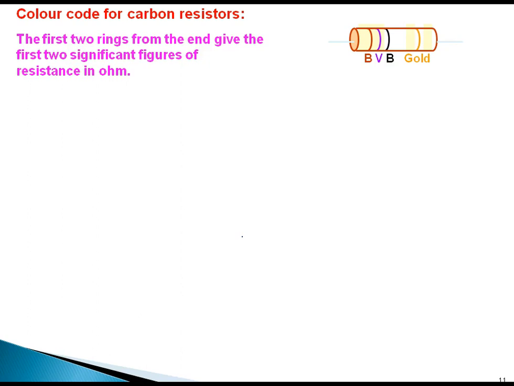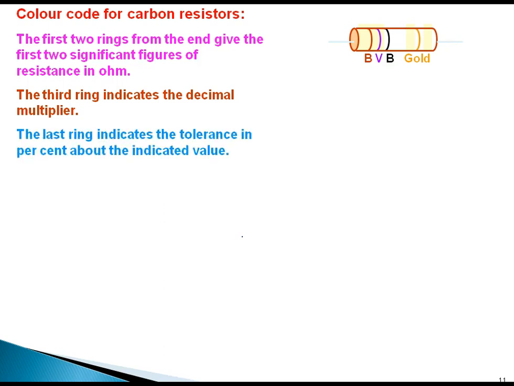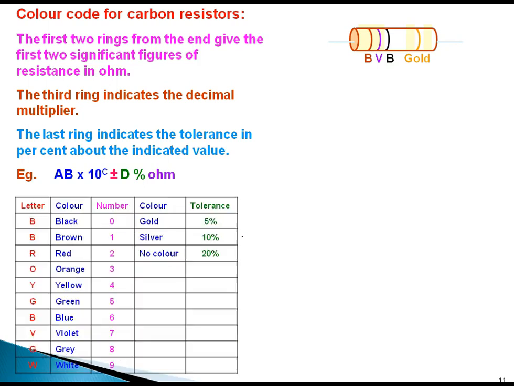The first 2 colors give the first 2 significant figures. The third ring indicates how many zeros are there. The last ring indicates the tolerance. Like I say, for the first 2 rings, color A gives digit A, color B gives digit B, then color C gives the number of zeros, as I told you, and plus minus D percent.